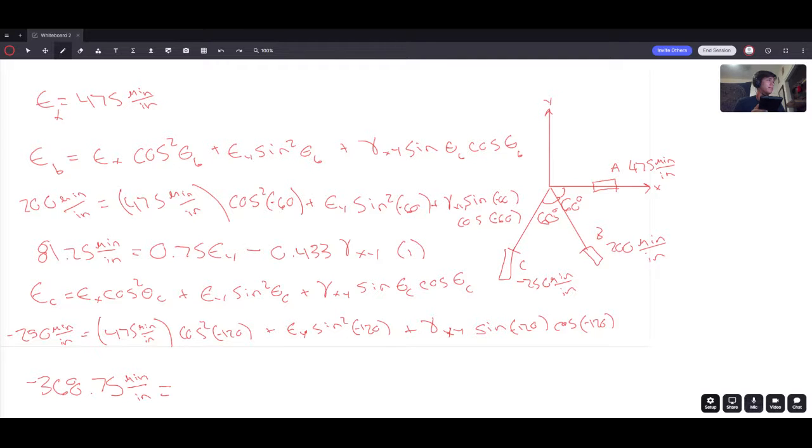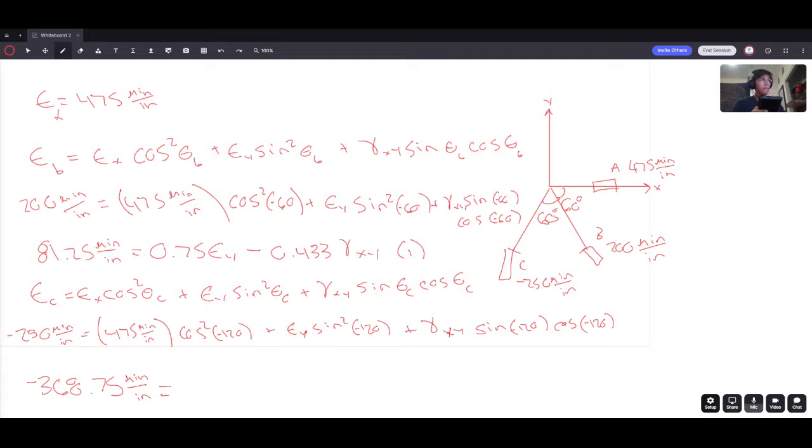It's just that the cosine value is going to be negative, but the sine values are both going to be negative. But I'm going to plug it in anyways just to be safe. Sine squared of negative 120.